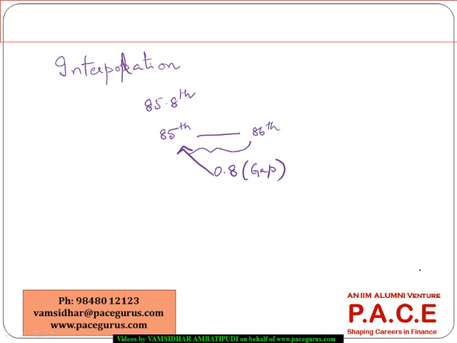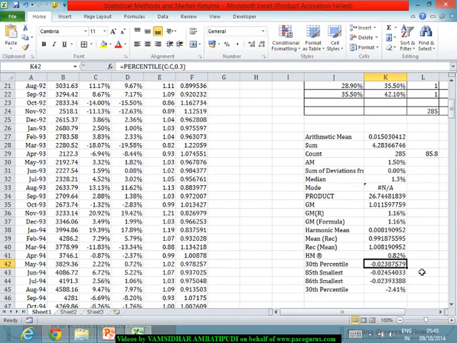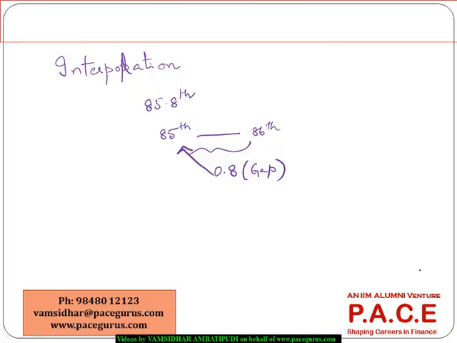Based on that, compute which observation is required for the 30th percentile, apply it to the data, get the 85th and 86th smallest observations, and based on that get your 85.8th observation. So that's a typical way we compute the different quantiles.